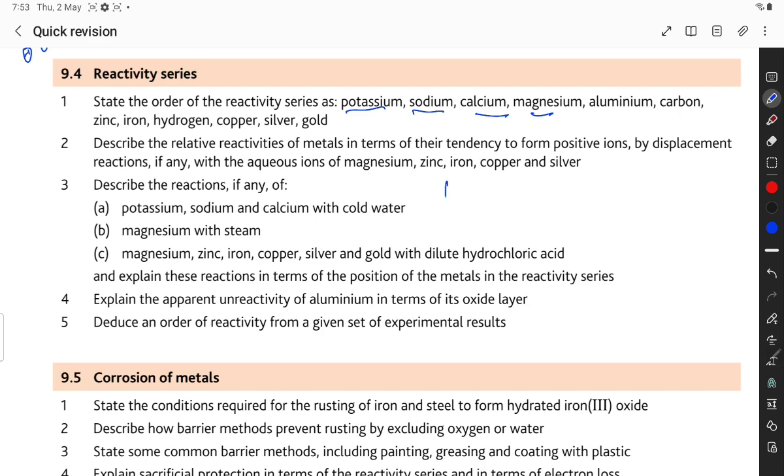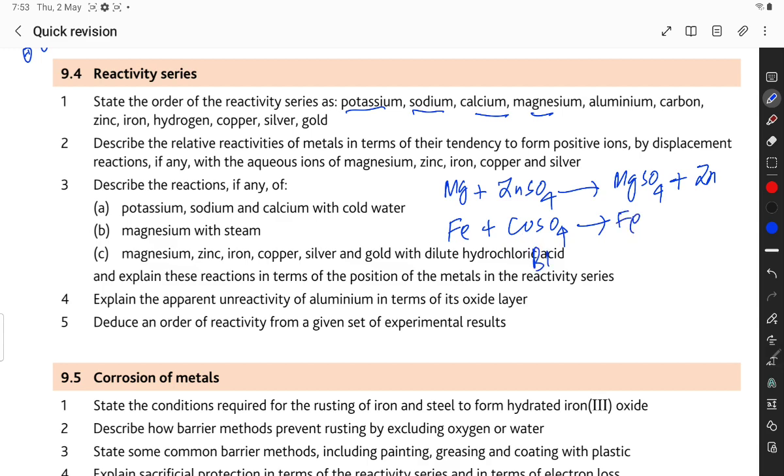For example, if magnesium reacts with zinc sulfate, it can displace because magnesium is more reactive, forming magnesium sulfate and silvery zinc. If iron reacts with copper(II) sulfate, FeSO4 solution forms.